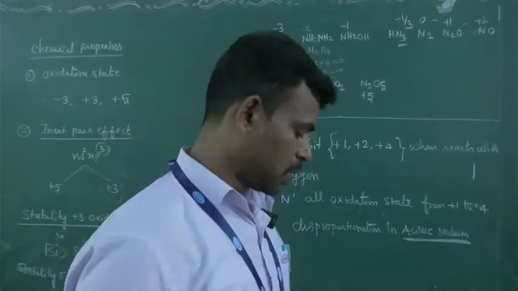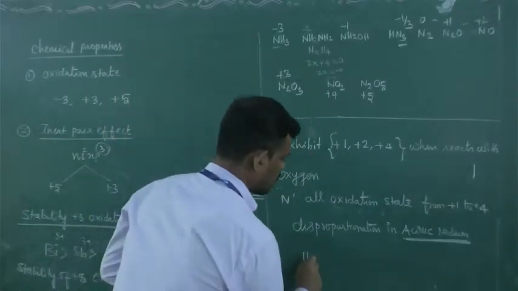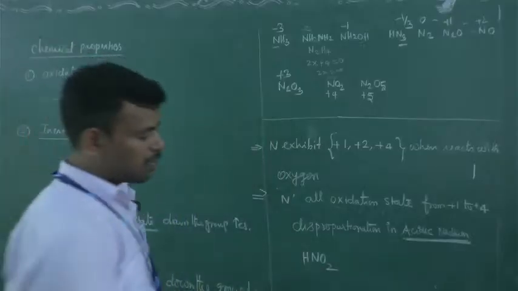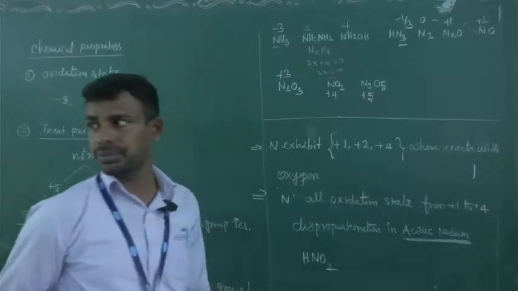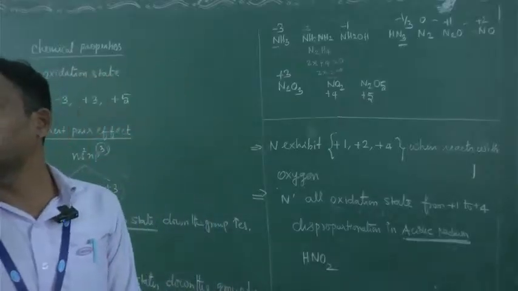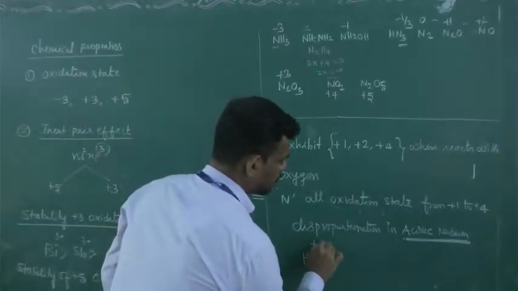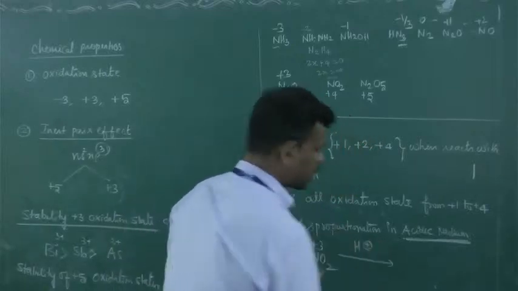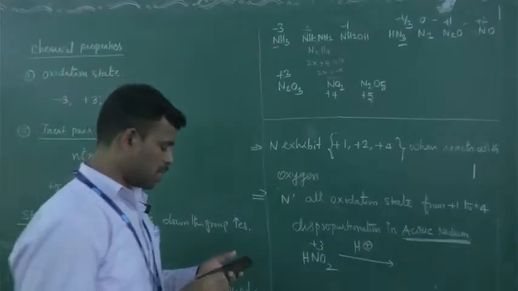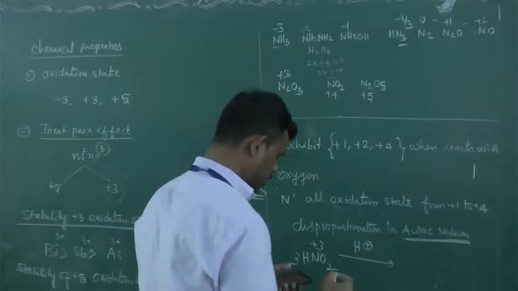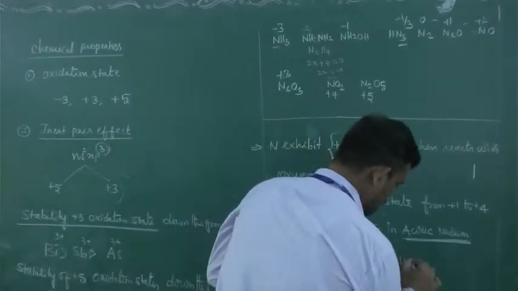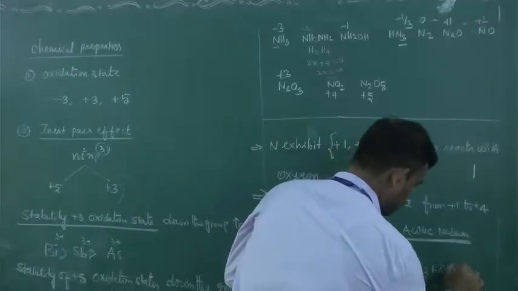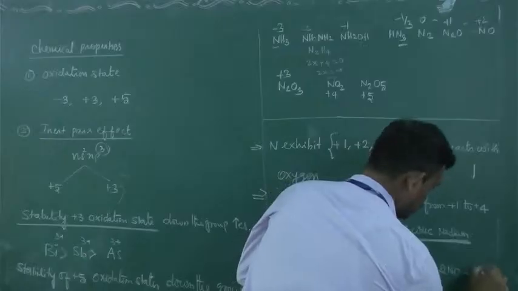For example, take HNO2. What is the oxidation state of nitrogen in this case? +3, in acidic medium H+. Let us write this equation. It disproportionates to HNO3 + 2NO + H2O.